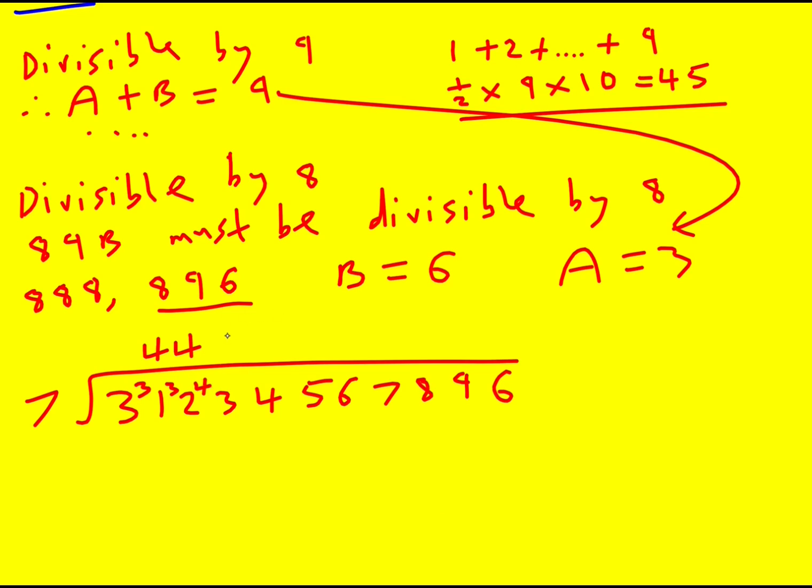I'm just working my way through it. 2, that's good. 0, 8, 1, 1, 2, 8. So divisible by 7. And this here is our answer.